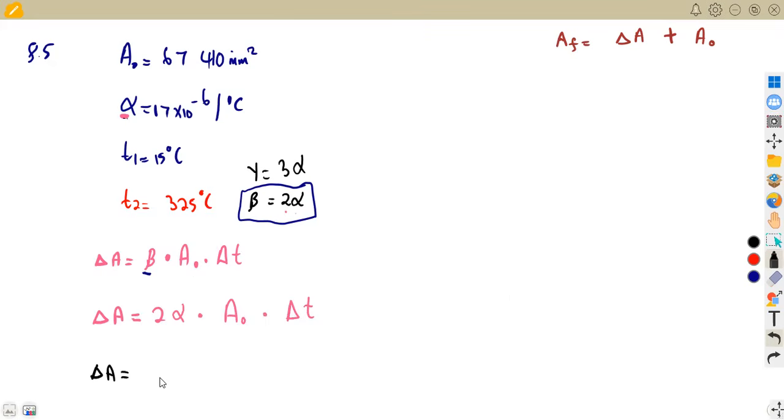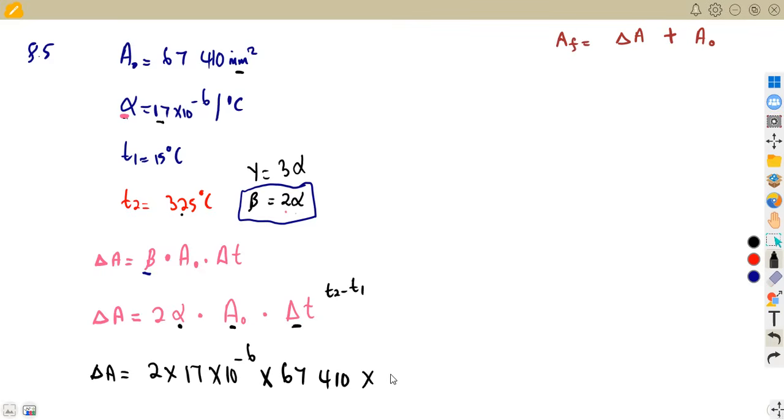The change in area is going to be 2 times the linear coefficient of expansion of 17 times 10 to the exponent of -6, times our original area, working with the square millimeters as they are, meaning our answer is also going to be in square millimeters. So we multiply 67410 times the change in temperature, which simply means T2 minus T1, just like the previous part.